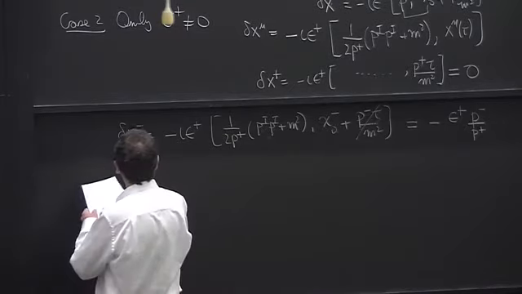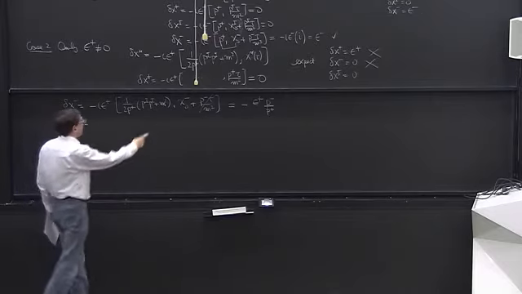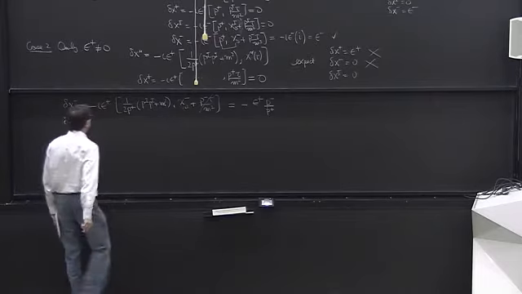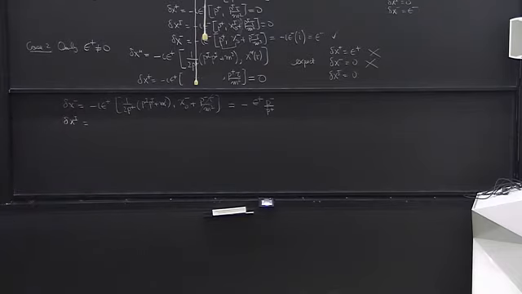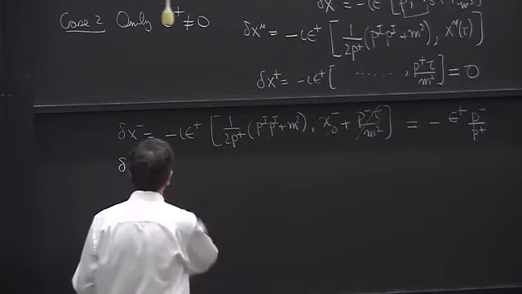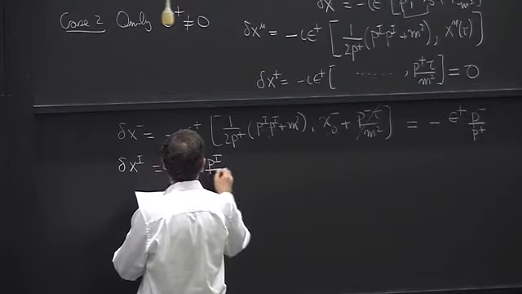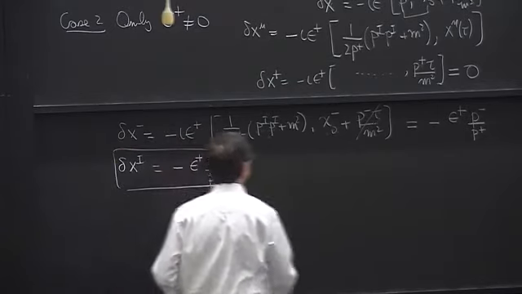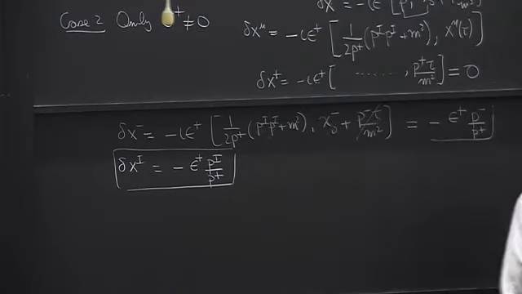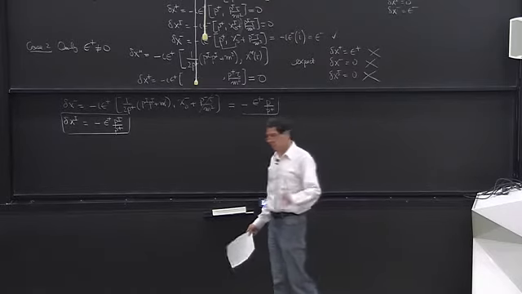And delta xi. Well, xi contains x0i, so it will not commute either. It also gives something. Let's record what it gives. It actually gives epsilon plus pi over p plus. So at this moment, you would say nothing works.